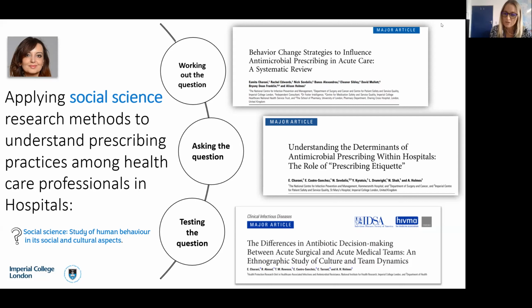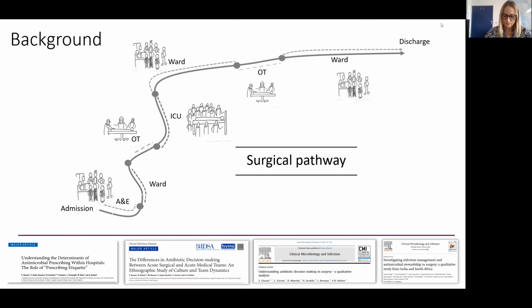The important thing was that for interventions, one size does not fit all, and you needed a bespoke plan for each team. So there was a growing body of literature pointing towards the fact that the surgical pathway also had a high risk of infection and AMR, and that led to us looking at surgical pathways in the spines.